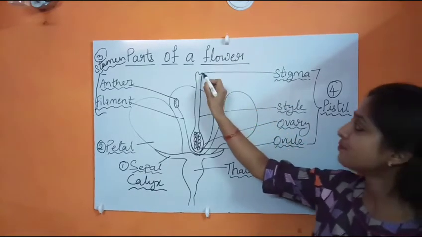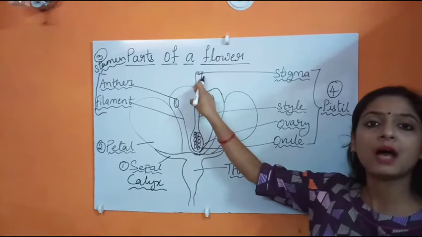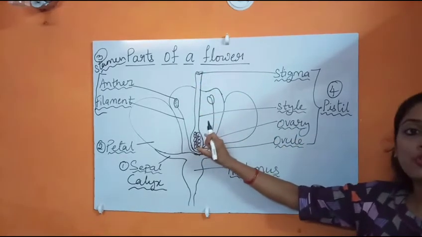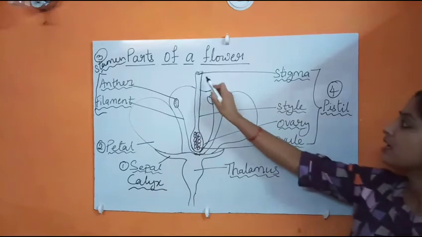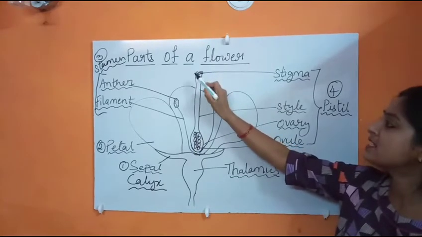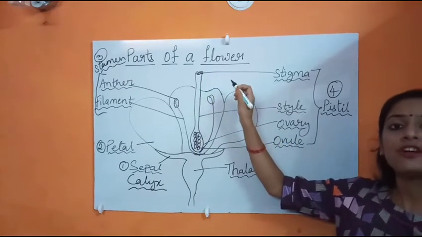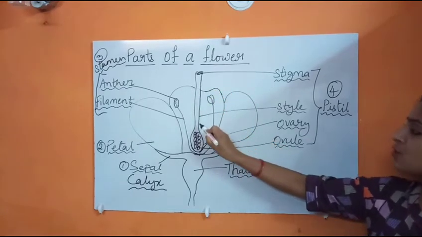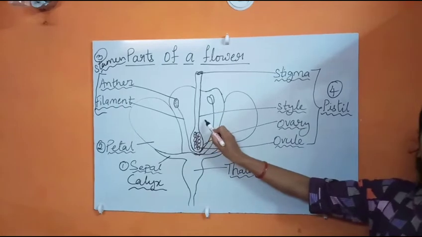Stigma is the head or the mouth of this part, fourth whorl, which is pistil. Here pollen grains are received for the process of fertilization. Look at here, as you can see, a long tube-like structure.